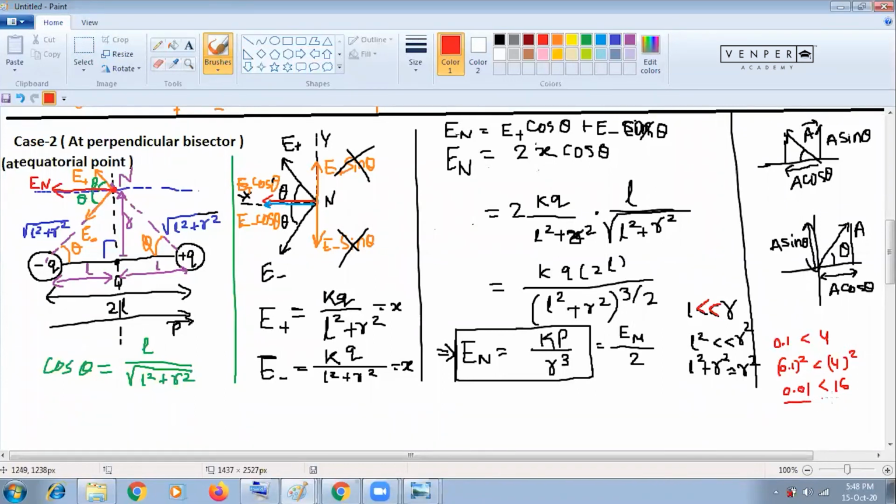You see? So 16 is very much greater than 0.01. Because a small quantity, if you take its square, it will become again very small. Are you understanding now? Yes or no? Prithvi.